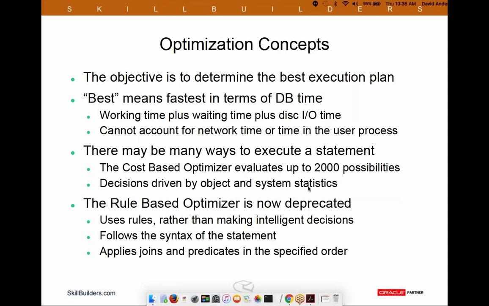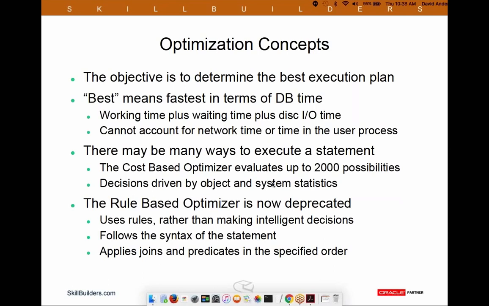Object statistics have a huge impact on the cost-based optimizer, and these statistics need to be accurate. So starting a couple releases ago, Oracle actually runs an automatic overnight job or task that collects object statistics for all objects where it's necessary. The DBA needs to keep the object statistics current, maybe by that auto task that runs overnight.